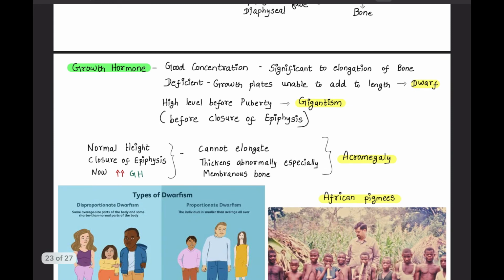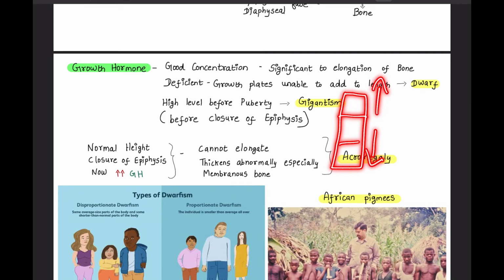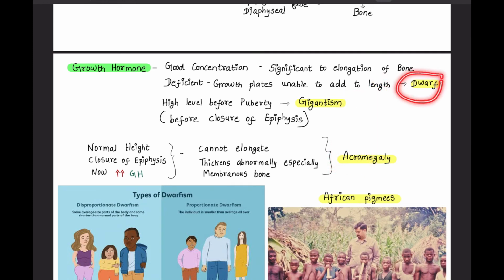If growth hormone is in normal concentration, it is significant, meaning it is enough for the elongation of the bone. And if the level of growth hormone is low or deficient, the growth plates are unable to add to the length. So this will lead to dwarfism, that is shorter height.